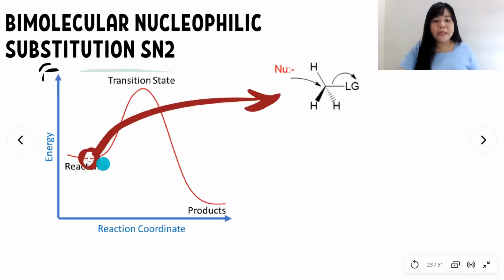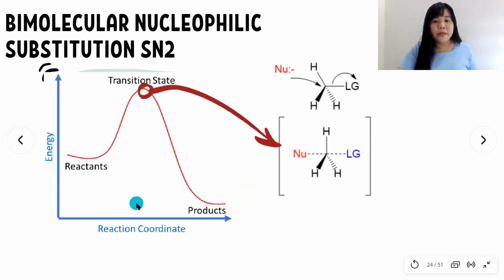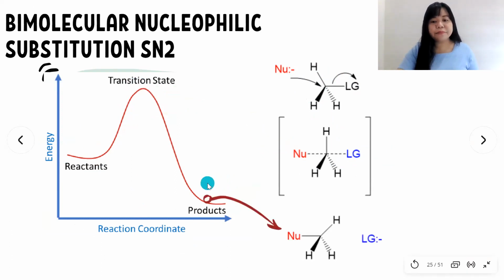So again, this level would correspond to the energy of the reactants, and then this energy would correspond to that of the transition state, which is very unstable and only exists in the mixture maybe for a split or a fraction of a second. And finally, the level of energy of the products, which is, as you can see, of opposite configuration, or which is a result of complete inversion.